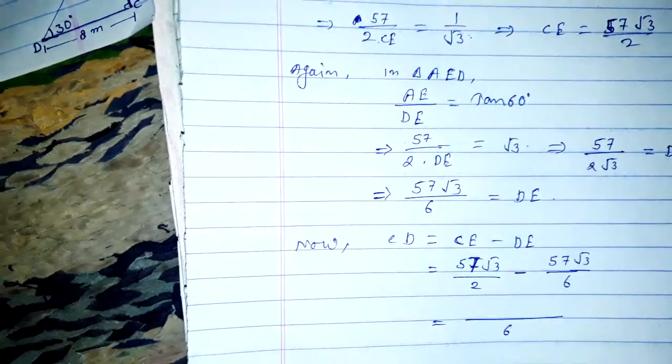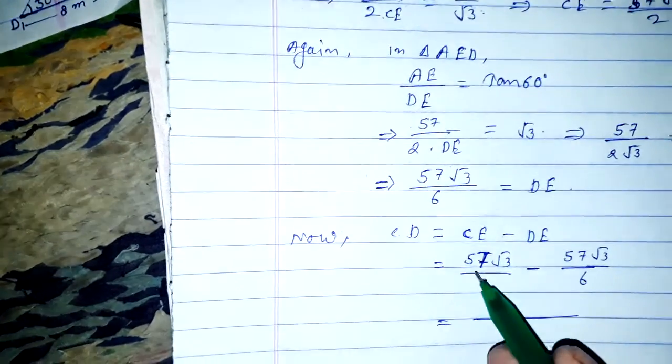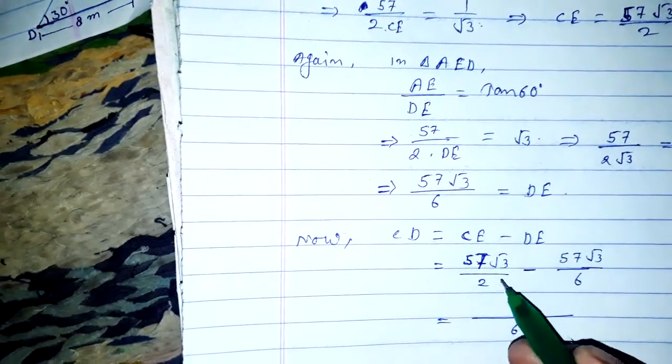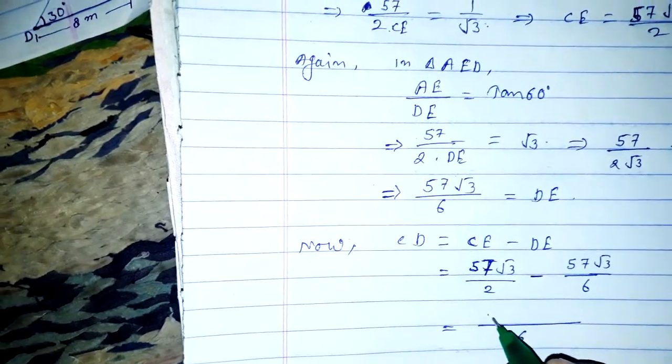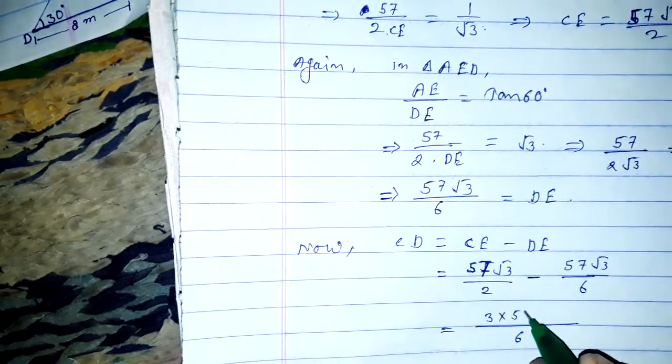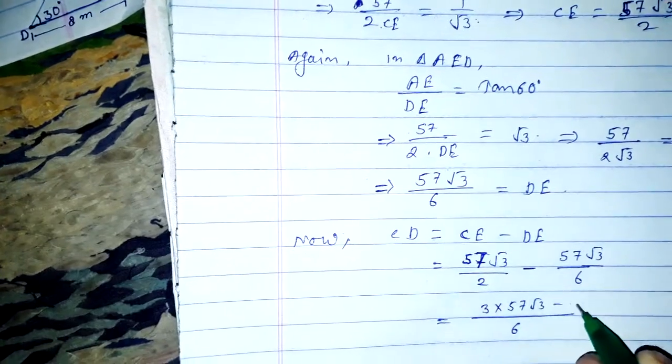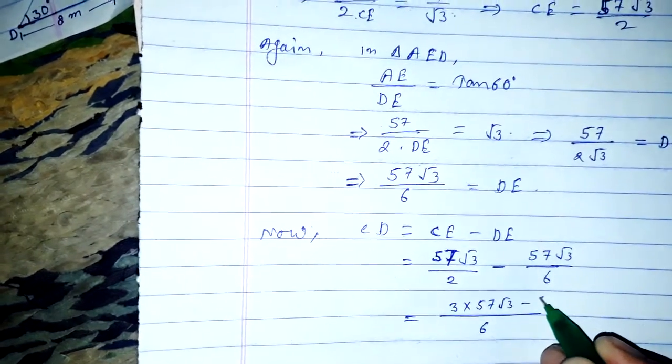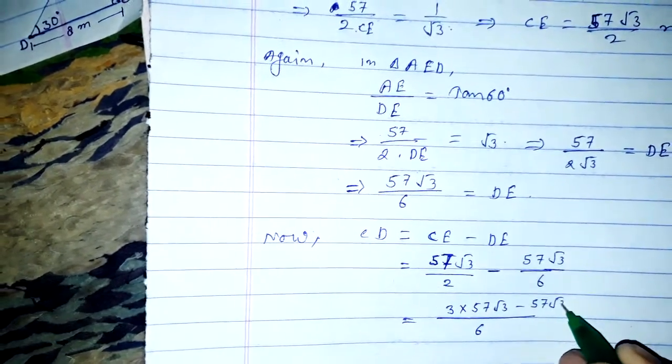LCM is 6. So this is 3 into 57 root 3 minus 57 root 3.